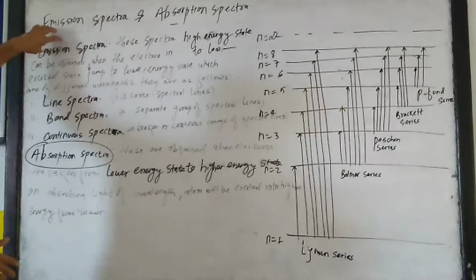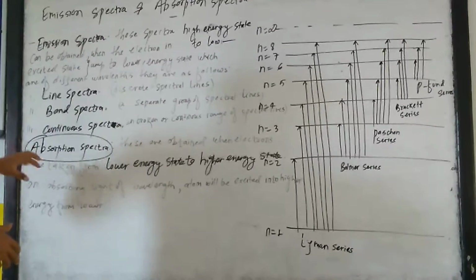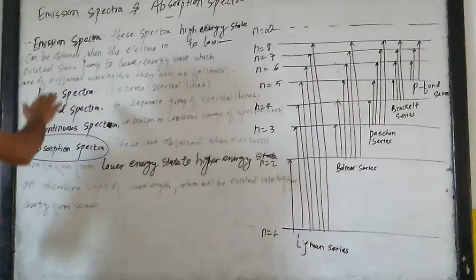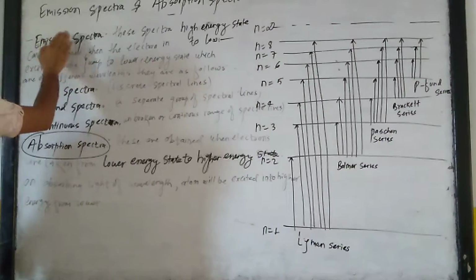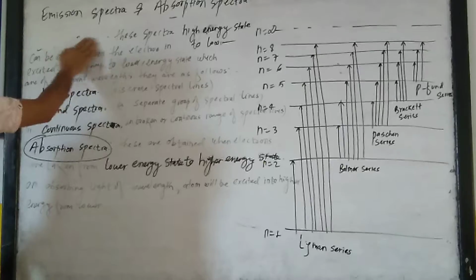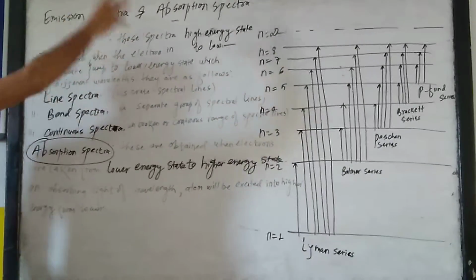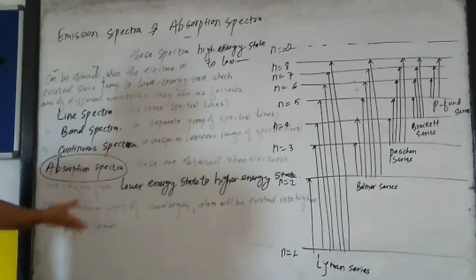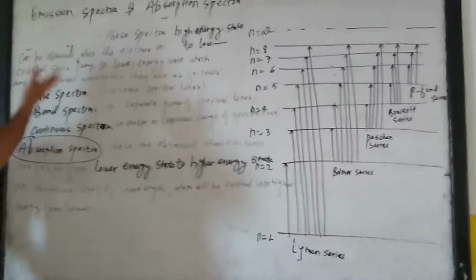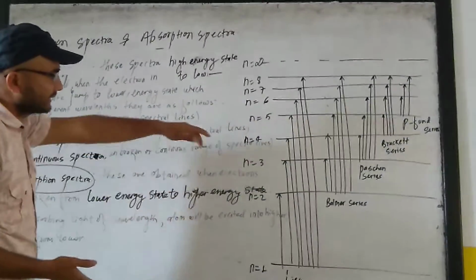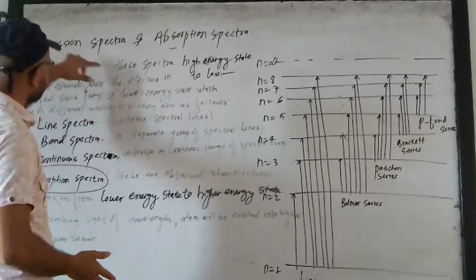there are two types of spectral lines we can observe in a hydrogen atom, in any atom. Here are two types of spectra. First one is emission spectra. In emission spectra, when the electron travels from a higher energy state to a lower energy state, radiation is emitted, which we call emission spectra.